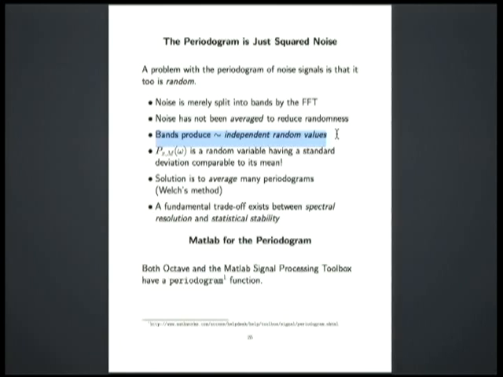You can use this fact in many calculations. Another way of saying that it's not averaged and that it's not a stable statistical thing is to say that the periodogram at a particular frequency omega is a random variable whose standard deviation is comparable to its mean. And the longer you make the FFT, it doesn't matter. That still becomes the case. It's just a very random thing.